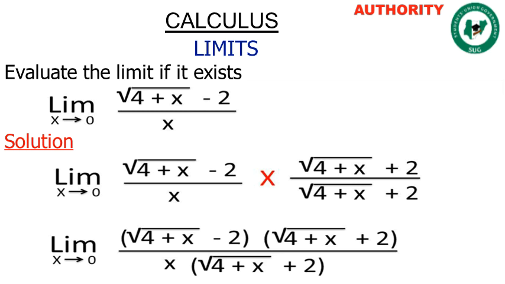Okay, now let's perform the operation in the numerator. Let's see what we're going to have. So, we treated something we called conjugate operation. In that conjugate operation, we figured out a shortcut, or a simple way of doing it.